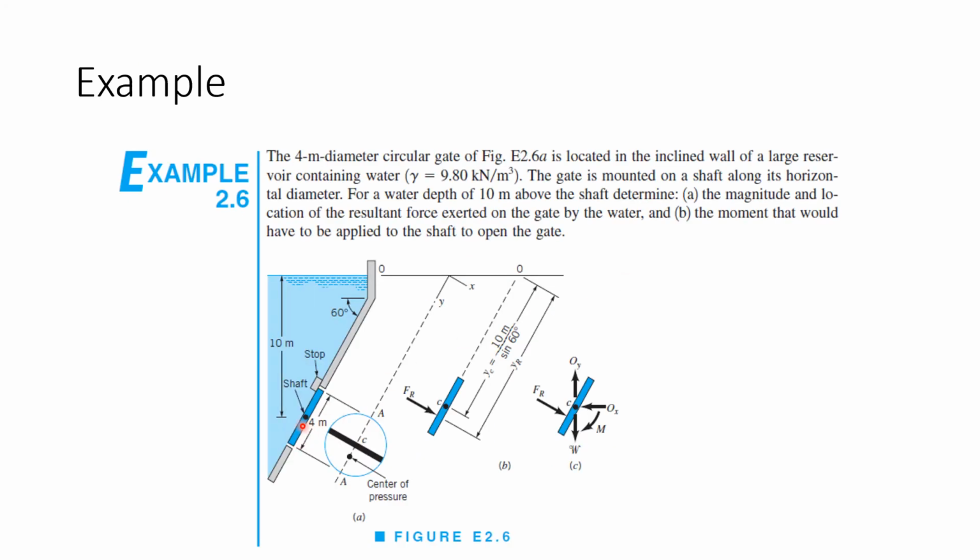You can see the height of centroid is equal to 10 meter, and in order to find the area of the circular plate, it is equal to pi r square. So pi multiplied by r is equal to 2 meters, which means the area is equal to 4 pi.